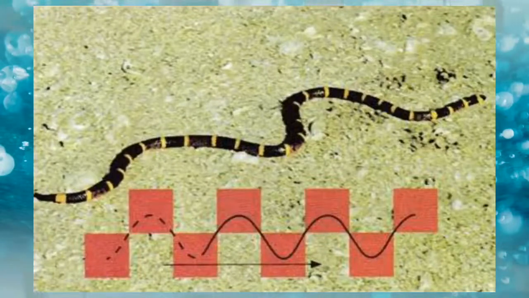So, these are the movements in animals based on vertebrate animals and invertebrate animals. Now, another part of this chapter you will see in the next video, in part 2.